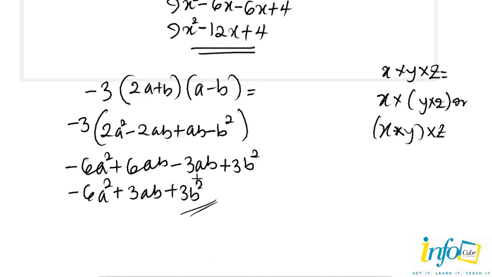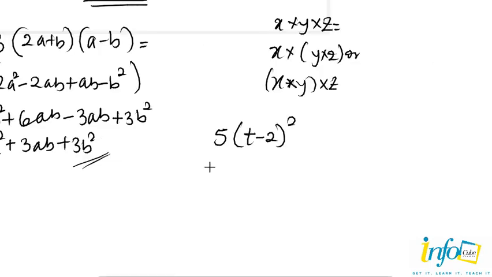Let's look at one question that we'll use to round it up for today, which is this: 5 into t minus 2 all square. From what I told you earlier, this should be written as t minus 2 into t minus 2. Good.